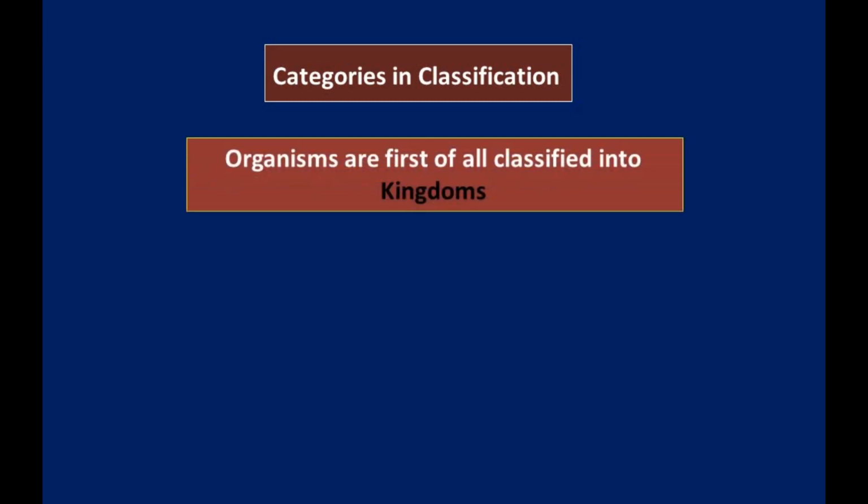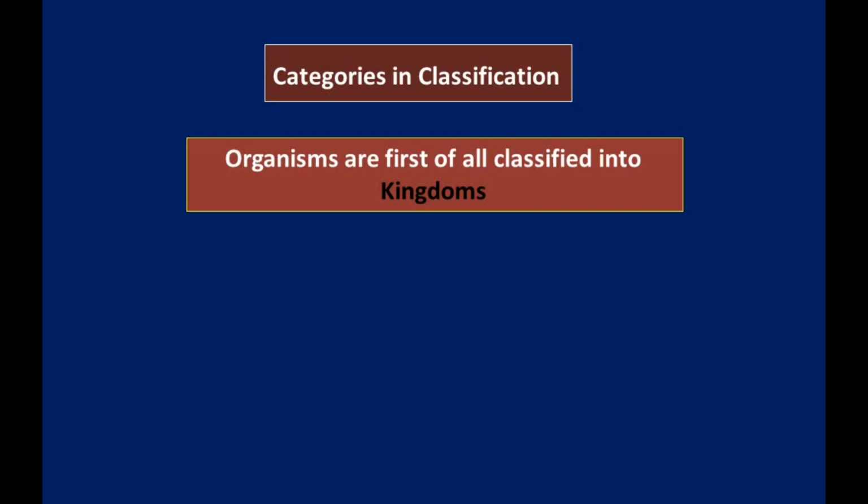So categories in classification. अब हमने तो अभी देखा था all living organisms are classified into the 5 kingdoms. Kingdoms again subdivided into subgroups. So what are the categories of classification? Organisms are first of all classified into the kingdoms.